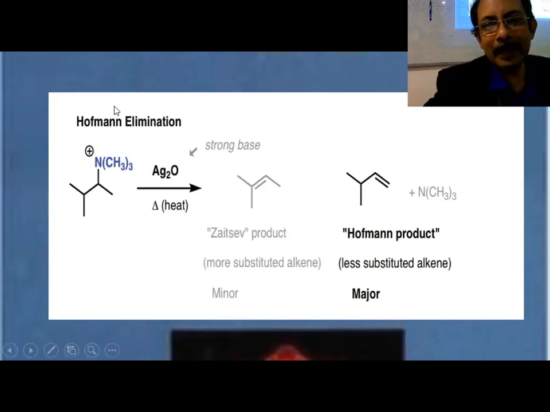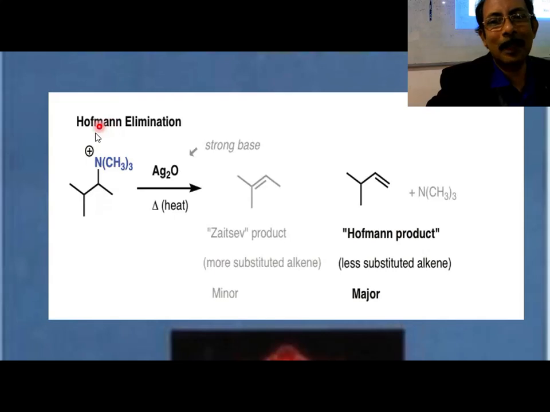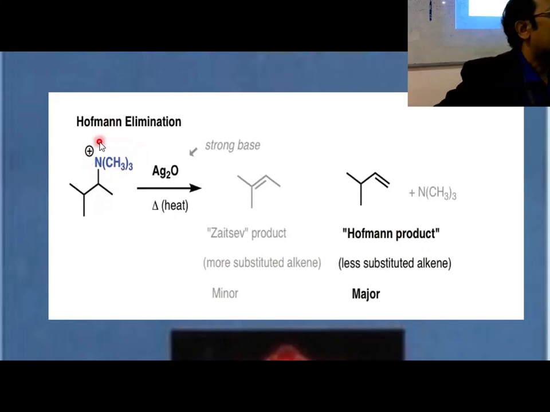This N(CH3)3+ is the outgoing group, the leaving group. Now this group is so large, and if it can go out, it will give a very stable compound, that is trimethylamine.